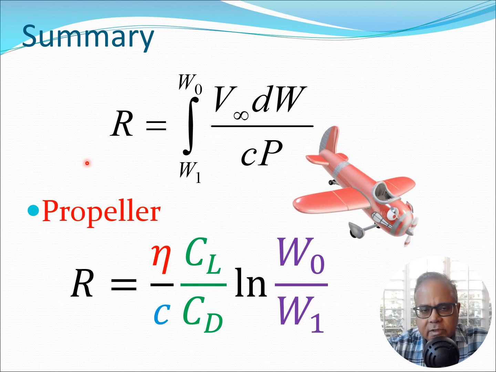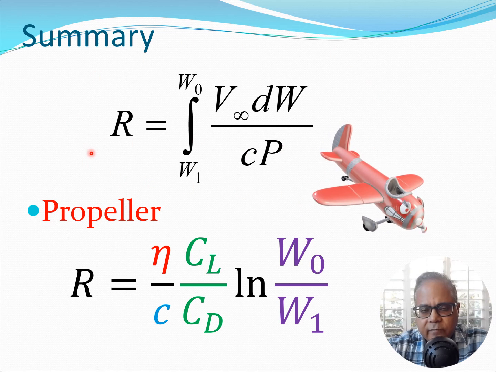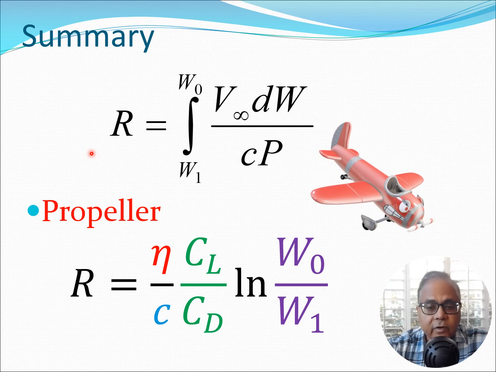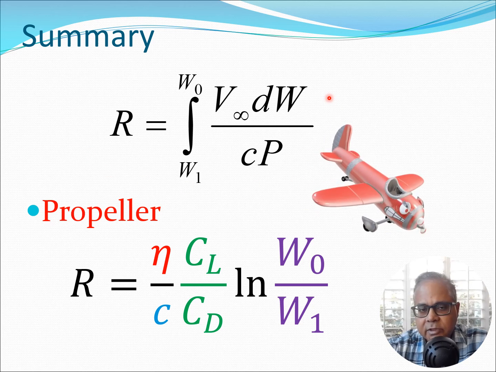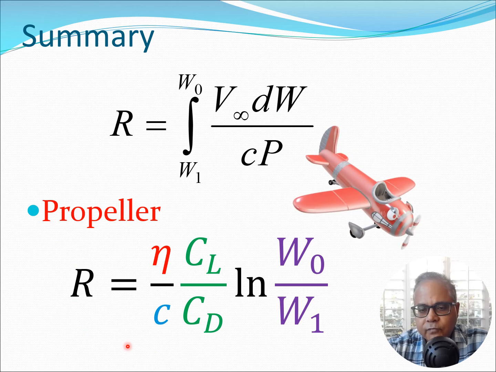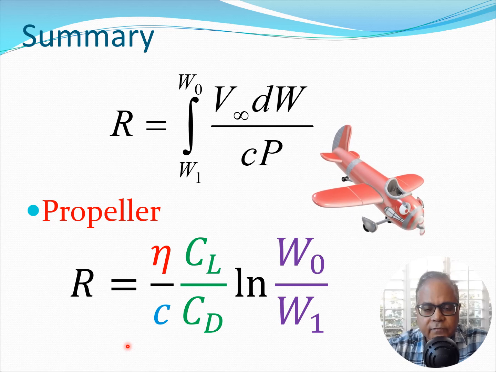So let's summarize this lecture today. The lecture today, we started with the expression for range, which I derived in the previous class, which was very general and expressed in terms of an integral, and I expressed it in terms of the closed form solution, also known as the Breguet's formulas.